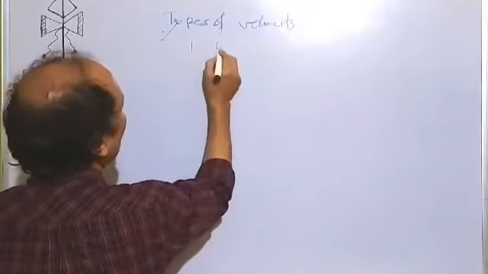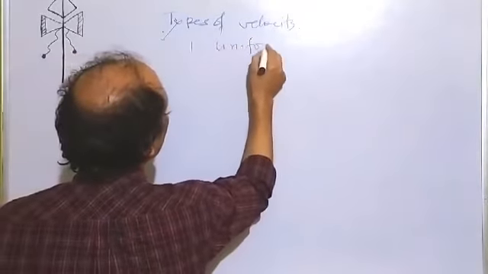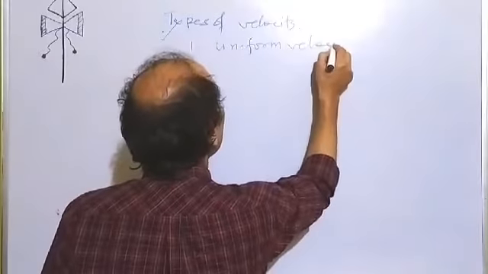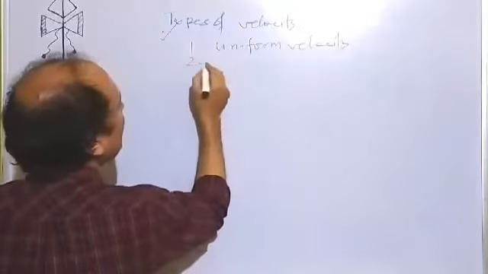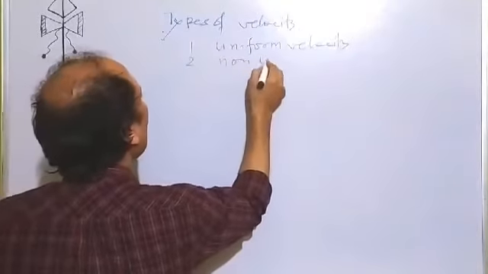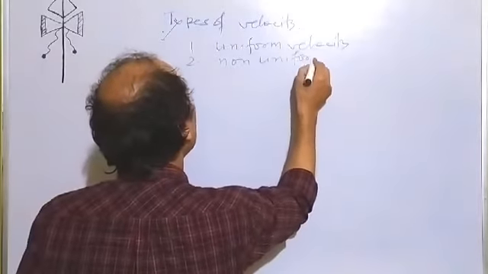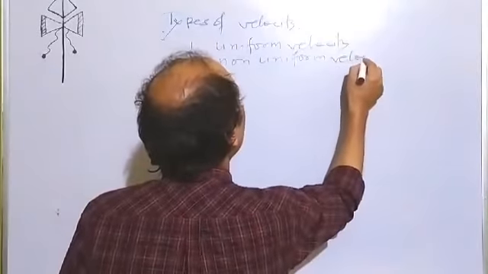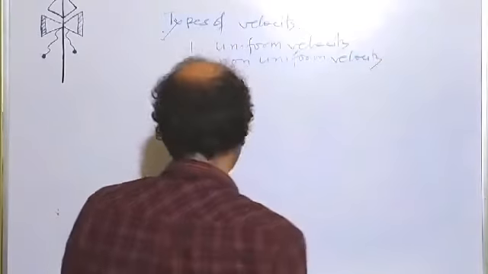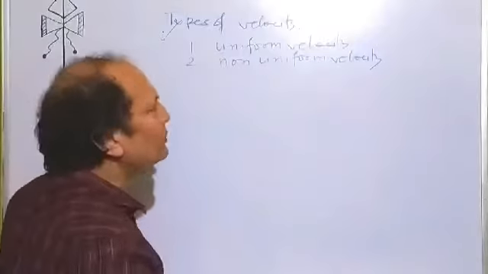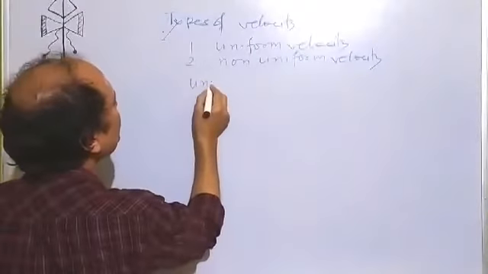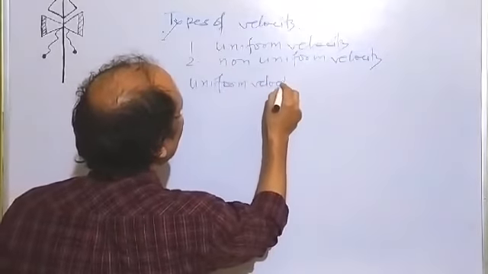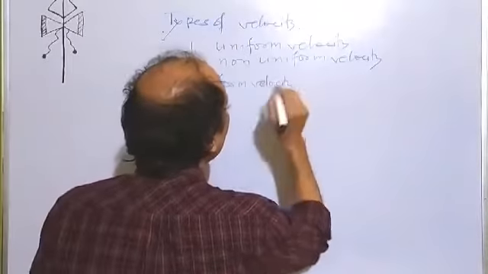Number one, uniform velocity. Number two, non-uniform velocity. So one by one, uniform velocity first.